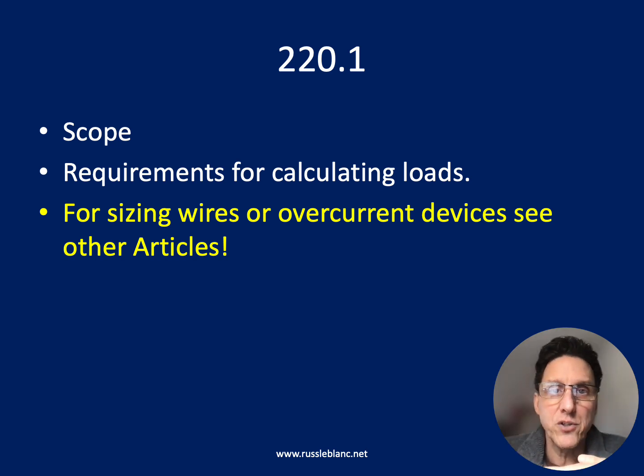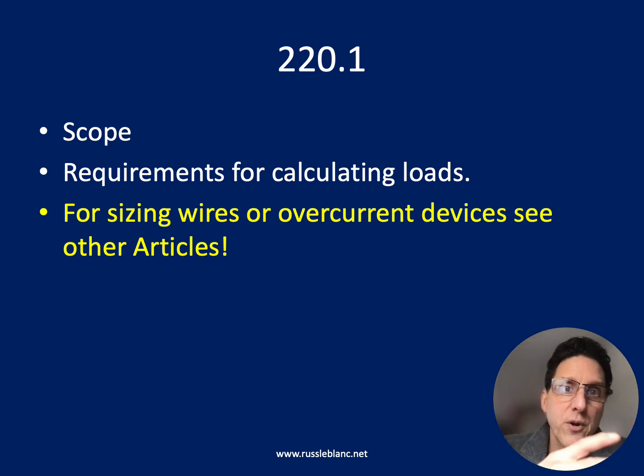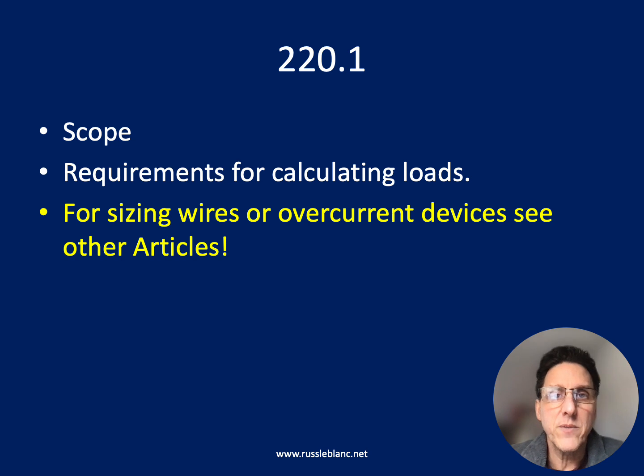And for services, you would go to Article 230 with the information from the Article 220 load calculations. There are so many rules throughout the codebook that are based on load calculations, and those load calculations are typically performed using Article 220. All right, so that's what we're looking at today.